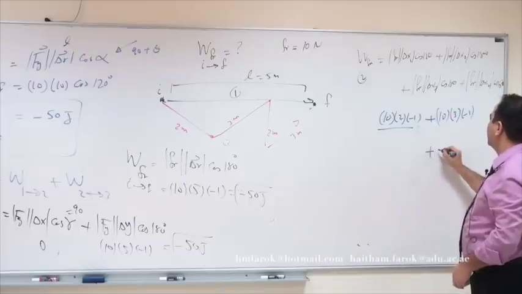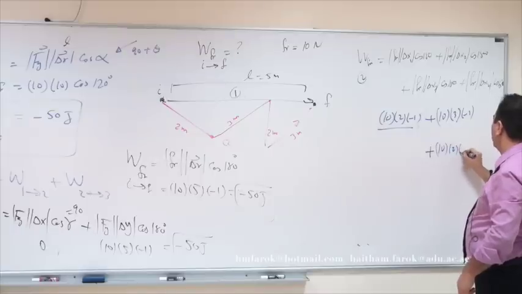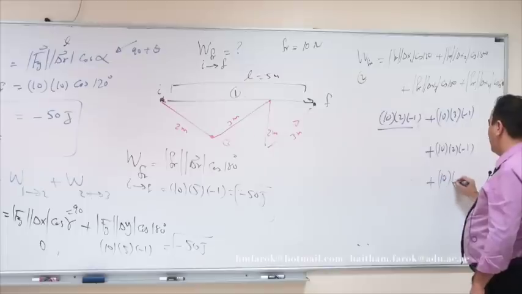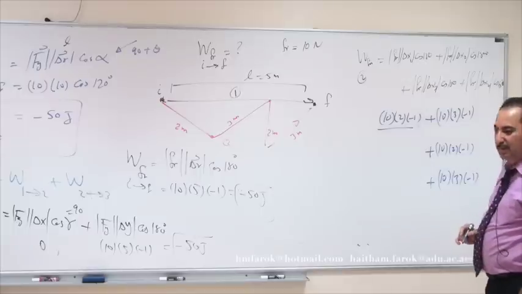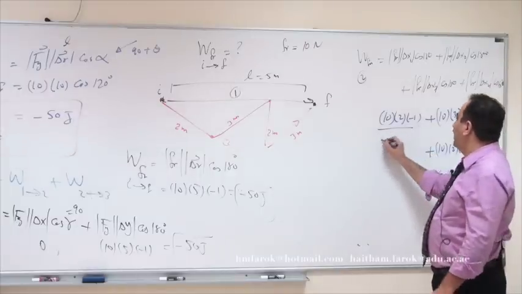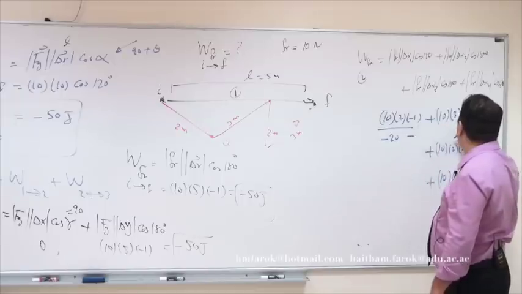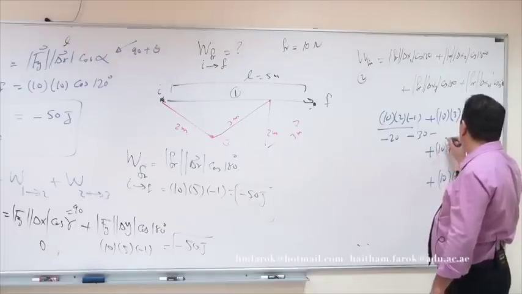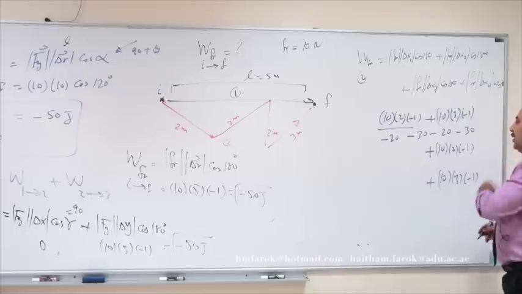Third, plus 10 by 2, plus 10 by 3. All right? What's the total here? Minus 20. Here, minus 30. Minus 20. Minus, what's the total?